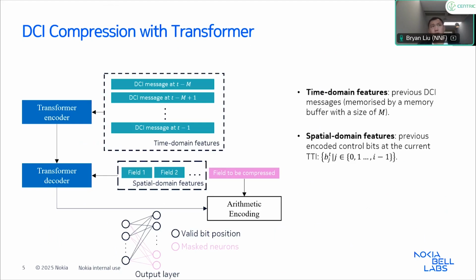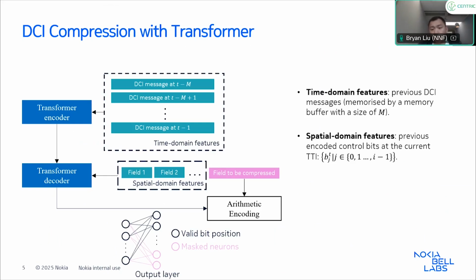As we may know, these DCI messages might be highly correlated in a real wireless system, from the past TTIs to the current TTI for the DCI message to be transmitted. By exploring these time domain features, the transformer model is expected to learn the correlation between these DCI messages in the time domain.